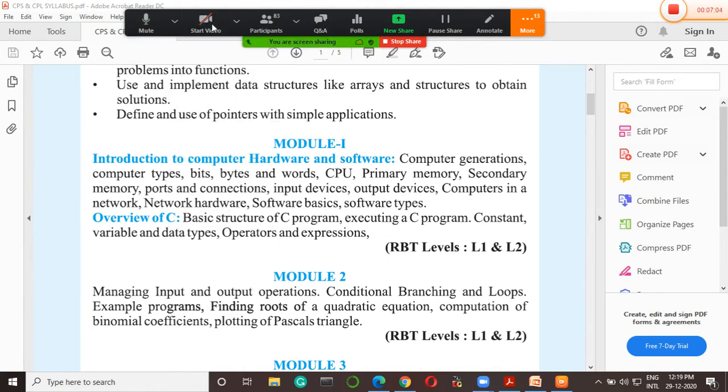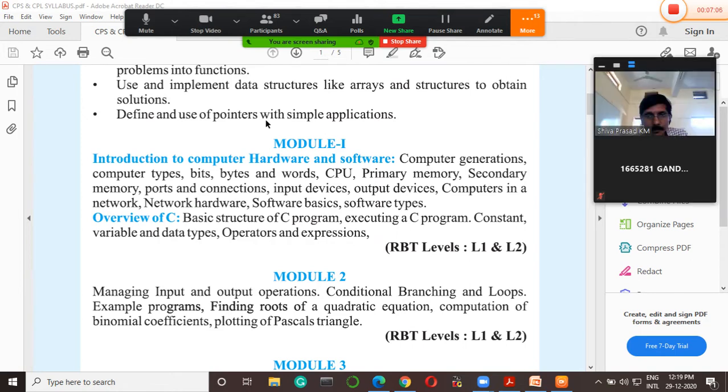Whereas the next concept here is looping statements. What actually is a looping statement? A looping statement is one which always helps you to execute the same operation again and again. Loop is nothing but a circle, isn't it?